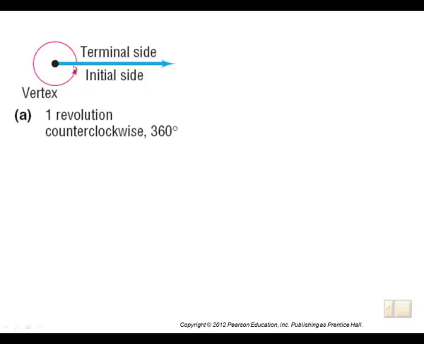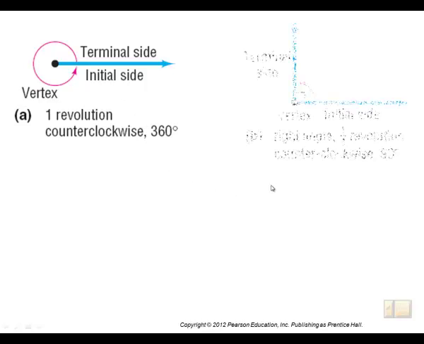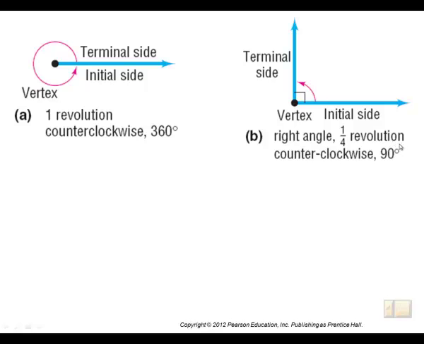Here we have an angle that does a full 360 degrees, and both the terminal and the initial side are all the same line. We would say that this was one revolution, and that was counterclockwise. For a 90-degree angle, you always see this perpendicular box looking figure here.